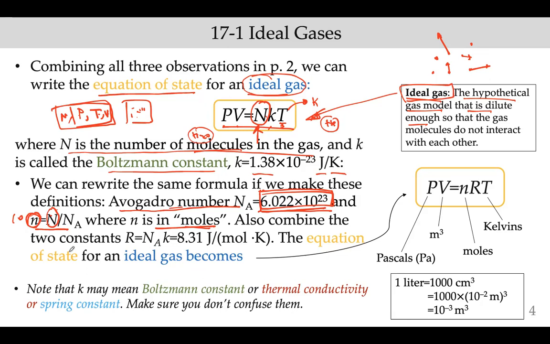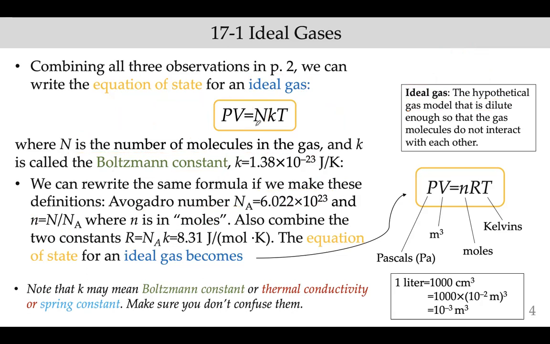So now, instead of N here, we are going to write n times Na. So n is moles times Na, and we have kT. Now look at these two numbers. Both of them are constants, right?